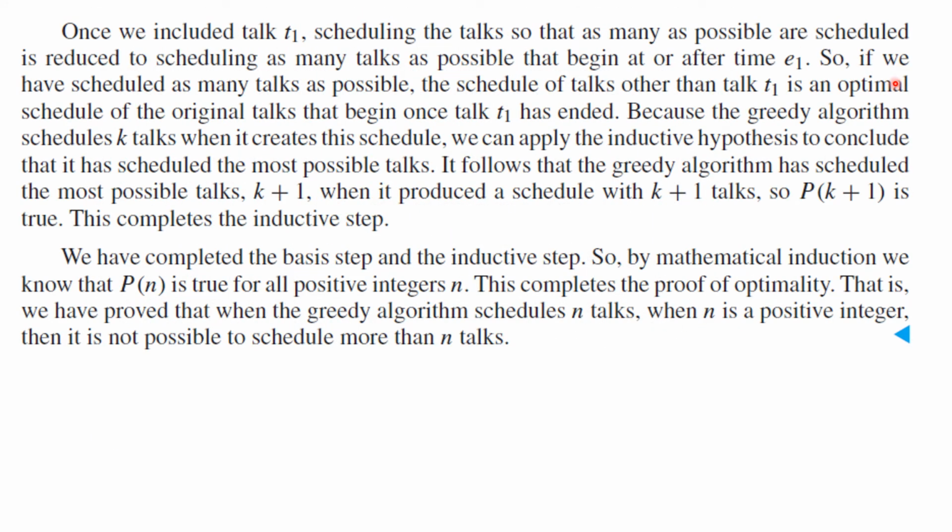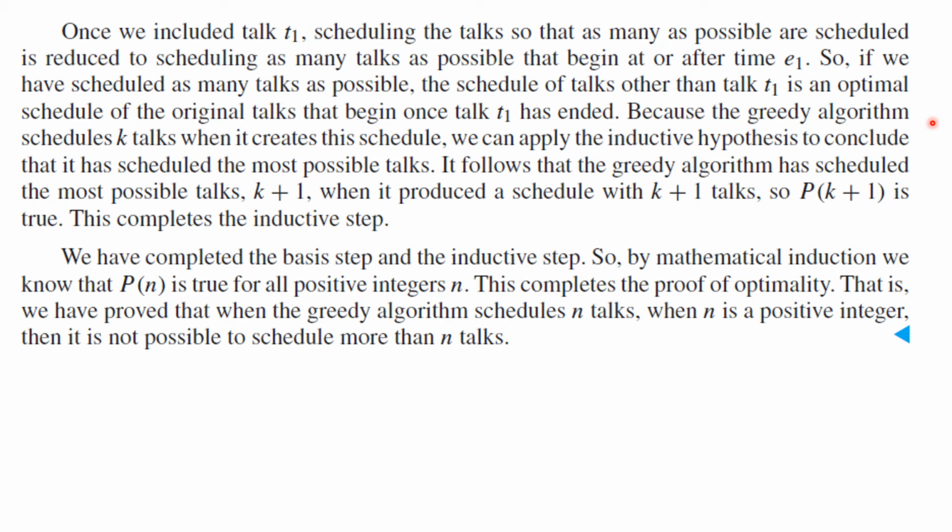Once we have included talk T1, scheduling talks so that as many as possible are scheduled is reduced to scheduling as many talks as possible that begin at or after time E1. So if we have scheduled as many talks as possible, the schedule of talks other than talk T1 is an optimal schedule of the original talks that begin once T1 has ended.